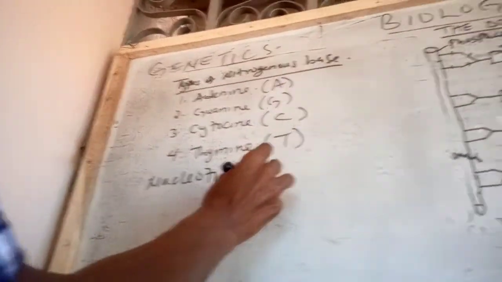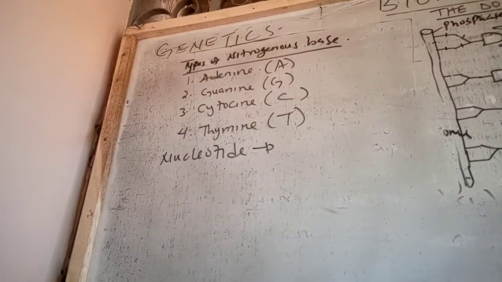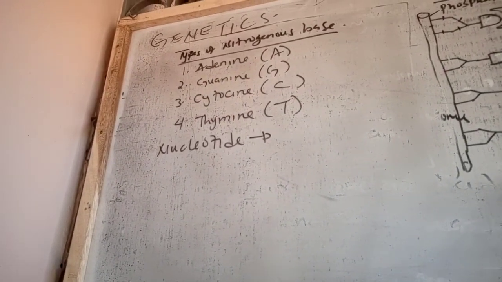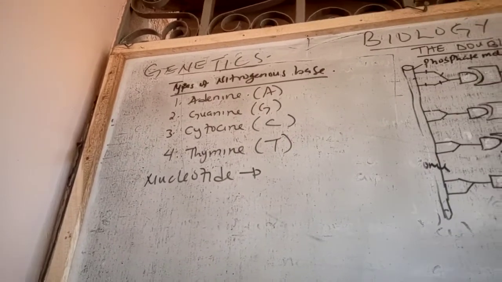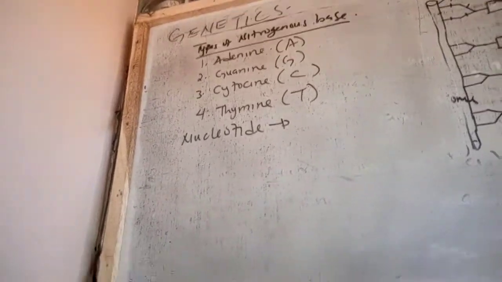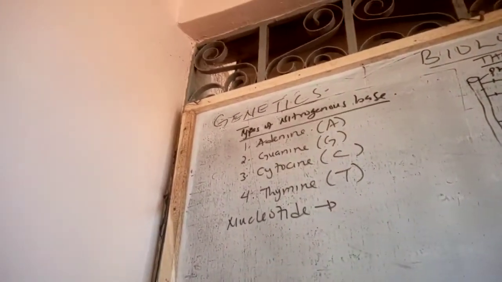The simplest structure formed whenever the 5 carbon sugar links with 1 phosphate molecule and 1 nitrogenous base is called a nucleotide.